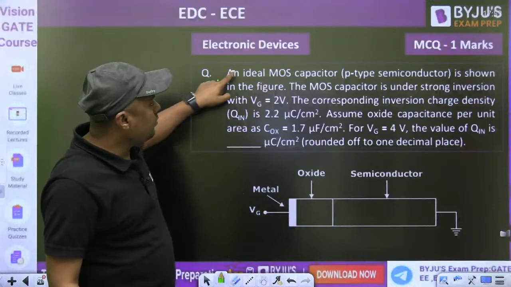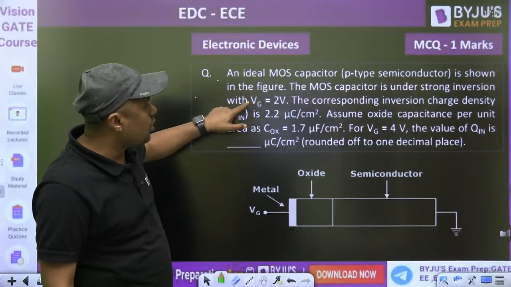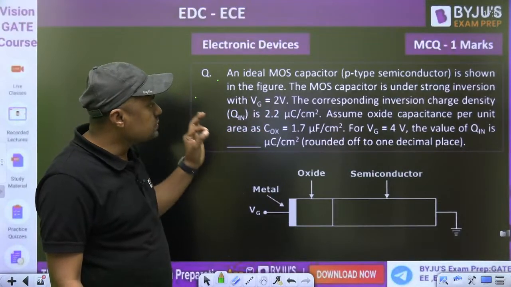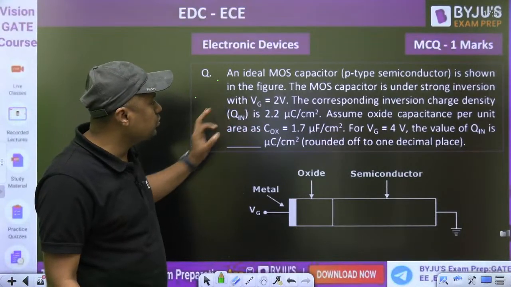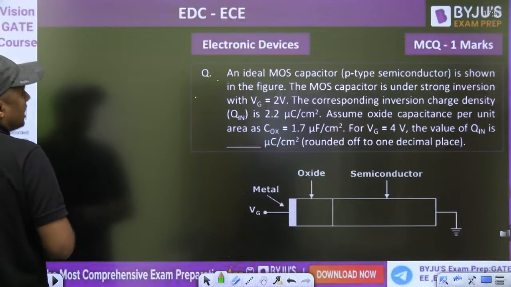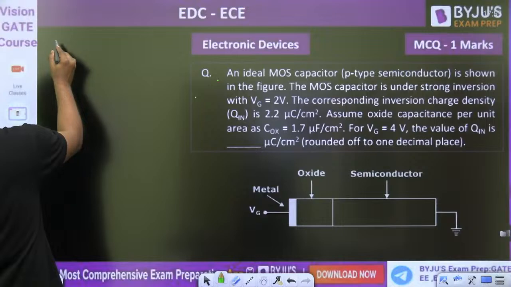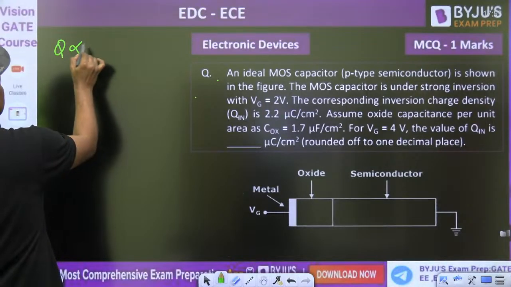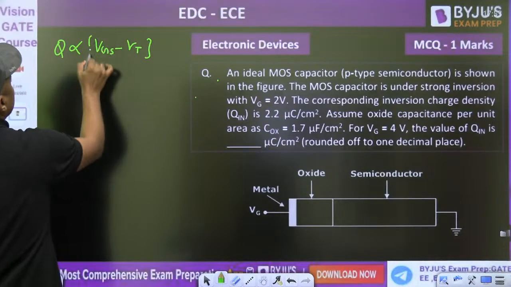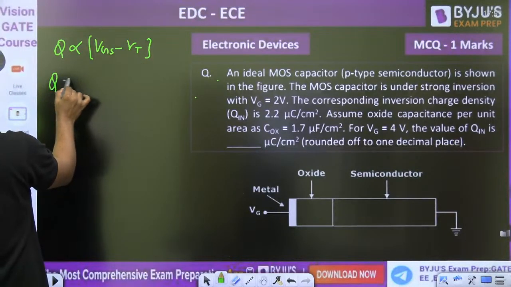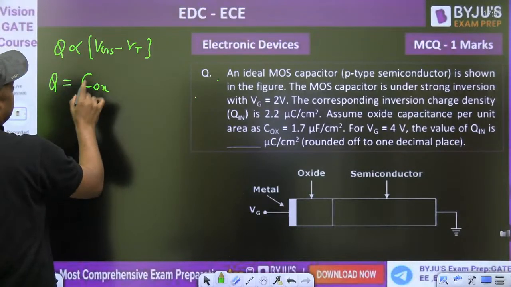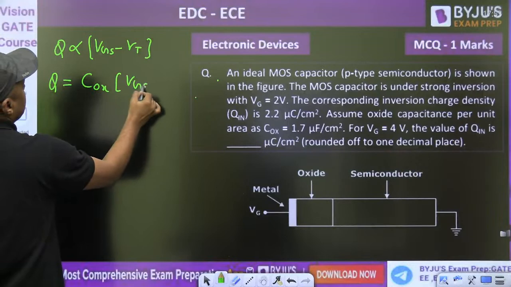An ideal MOS capacitor is shown in the figure. The MOS capacitor is under strong inversion with Vg equal to 2 volt. The corresponding inversion charge density is 2.2 microcoulomb per centimeter square. Remember, inversion charge density is proportional to the applied voltage minus Vt, and the constant of proportionality is the oxide capacitance per unit area: Q = COX (VGS minus Vt).